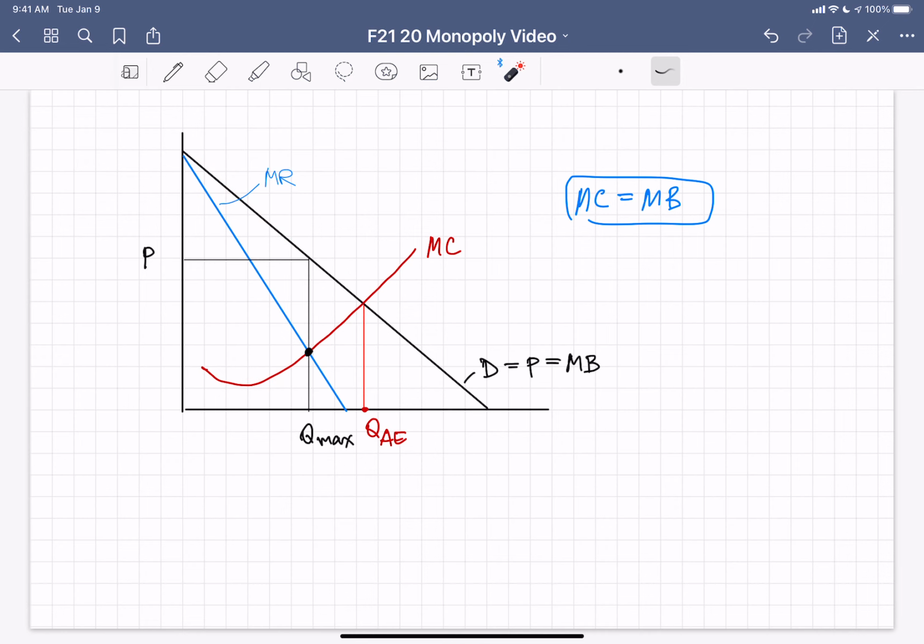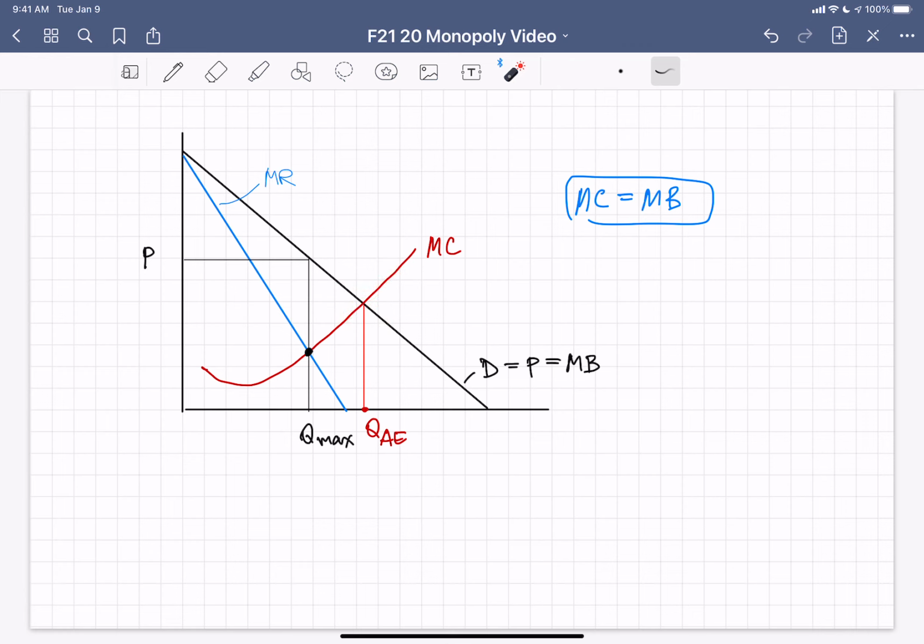But monopoly will not go that far. It will produce less, because its goal is not to maximize overall surplus, total surplus. Its goal is to maximize profit. And we just figured out earlier, a minute ago, that its profit maximizing level of output is exactly where marginal cost meets marginal revenue, not where marginal cost meets the demand curve.